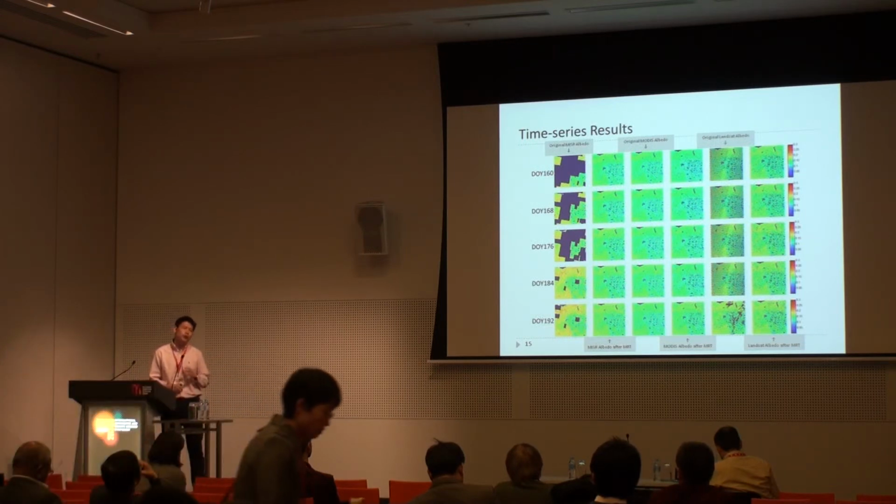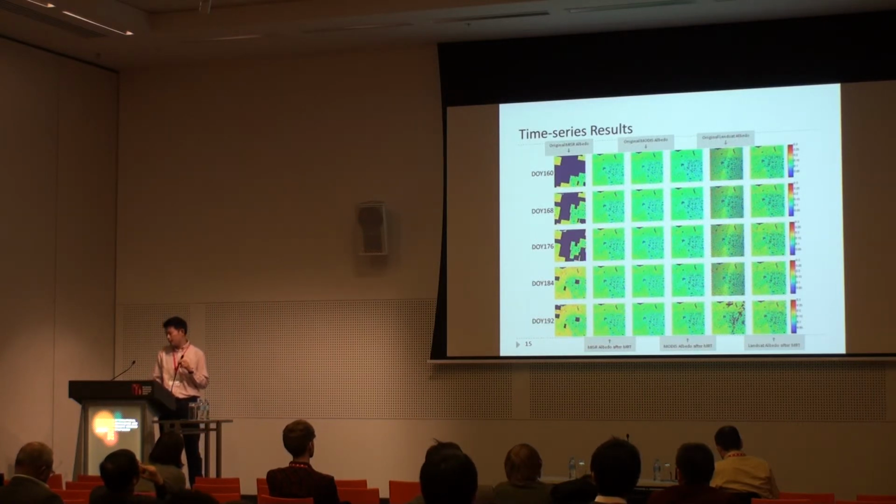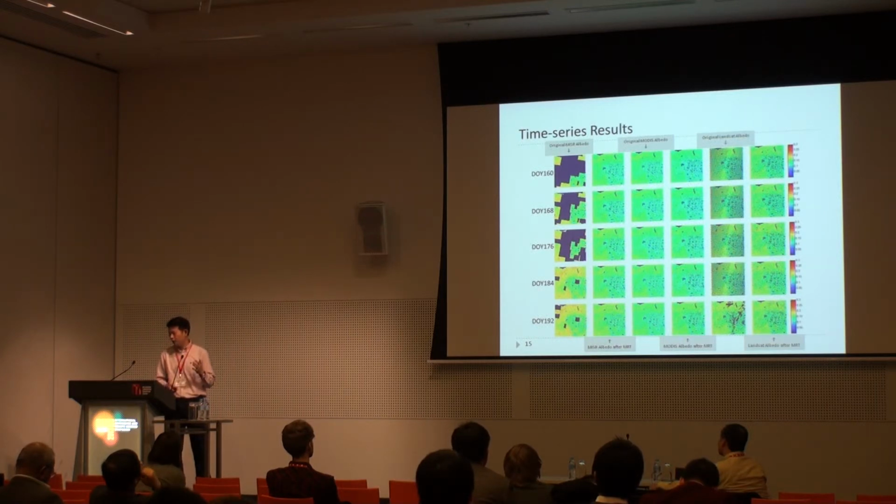And Landsat, for example the Landsat 7 ETM plus data, suffers from the scanline problems with a lot of gaps. We can see generally in the second, fourth, and sixth columns, the data after the data fusion method are more complete and more consistent across different scales.